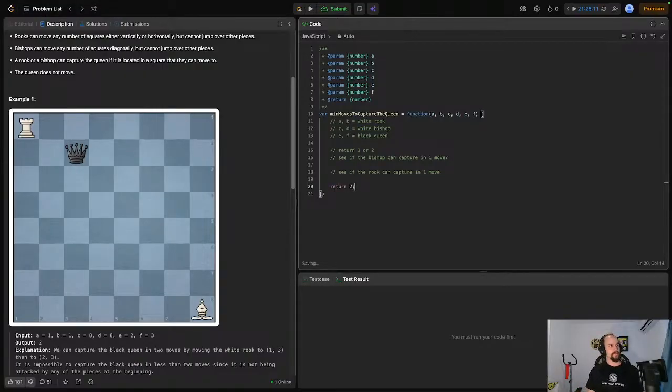The base case is 2, because as long as there's a rook on the board, you're going to be able to capture the queen in 2 moves. The only edge cases we need to figure out is, can one of these other pieces capture the queen in 1 move? And it doesn't really matter which one we do.